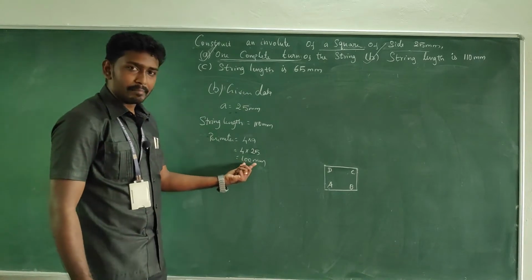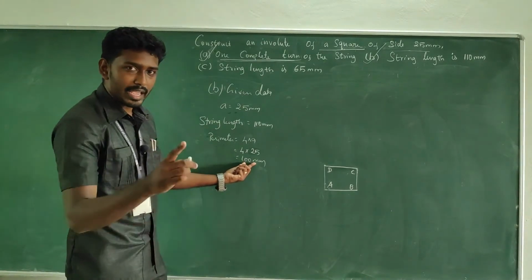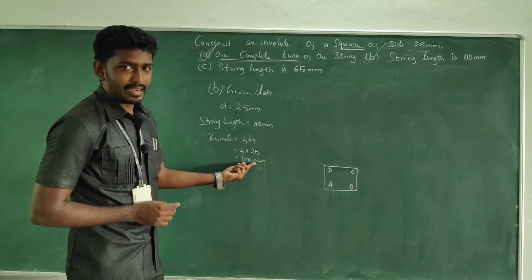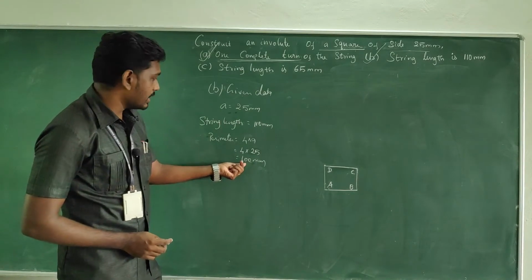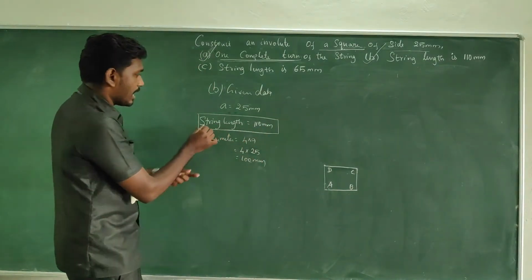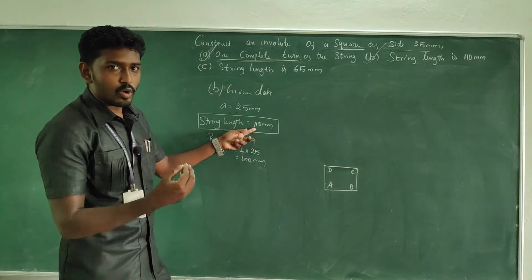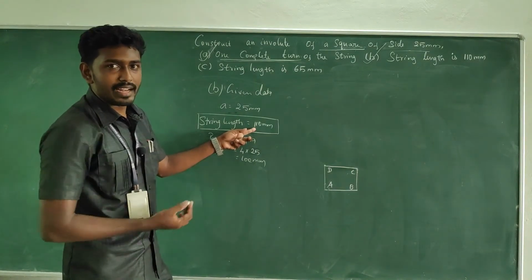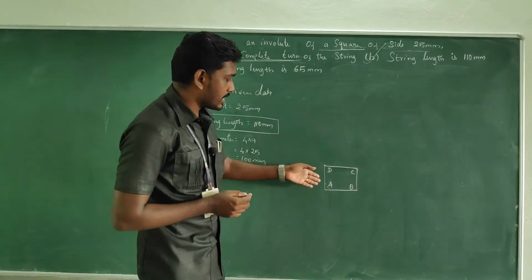So for one complete turn, we know the perimeter is equal to one complete turn, right? For one complete turn we are getting 100, but the string length given in the question is 110. So it's going to exceed more than one turn, right? Let's see how it's going to trace here.